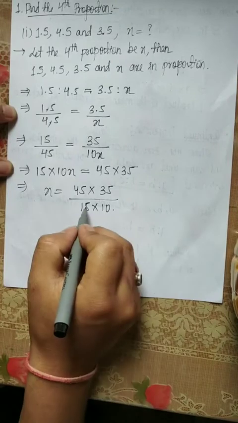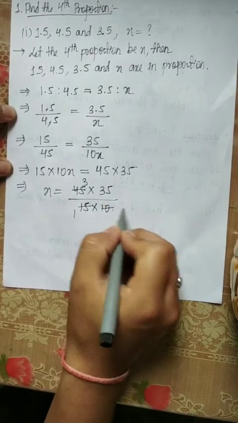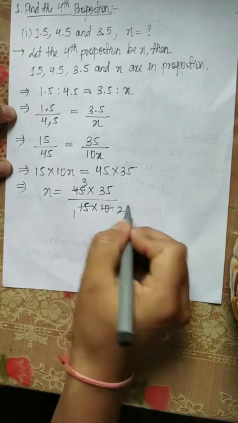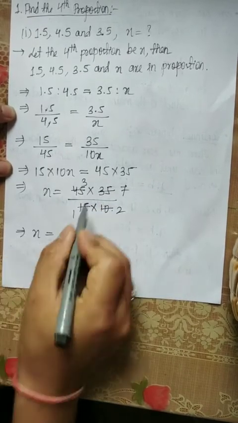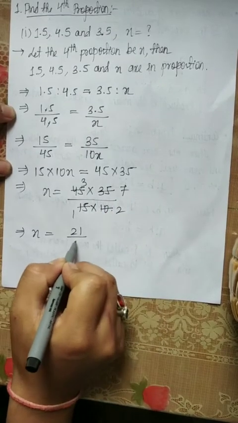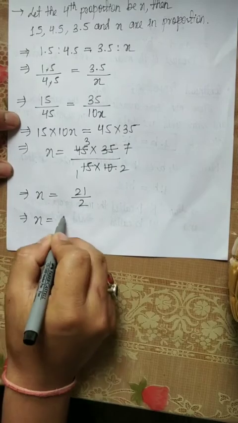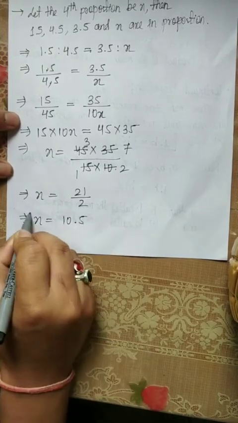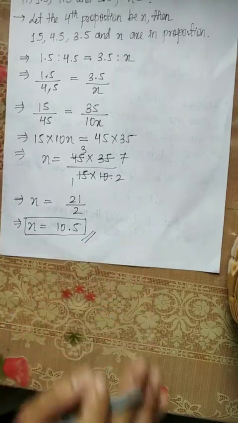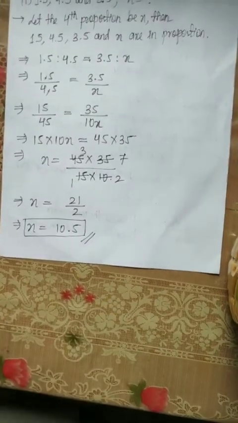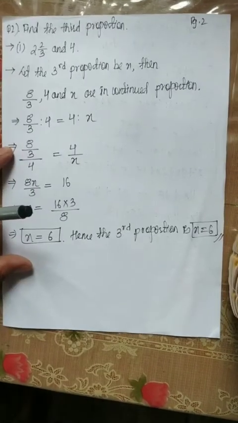It's a simple calculation. 15 threes are 45, 5 twos are 10, 5 sevens are 35. So x equals 21 by 2, which means x equals 10.5, which is our fourth proportion. Pause the video to note down.